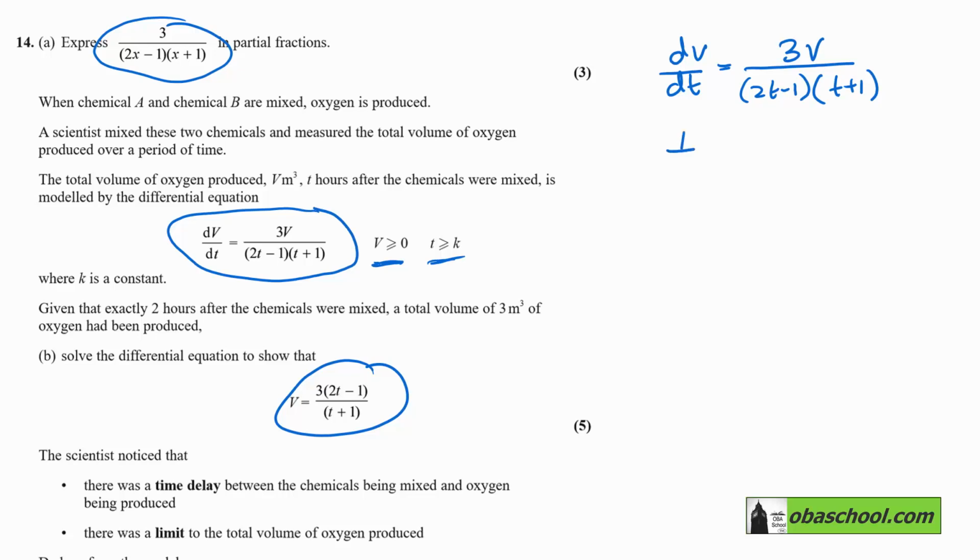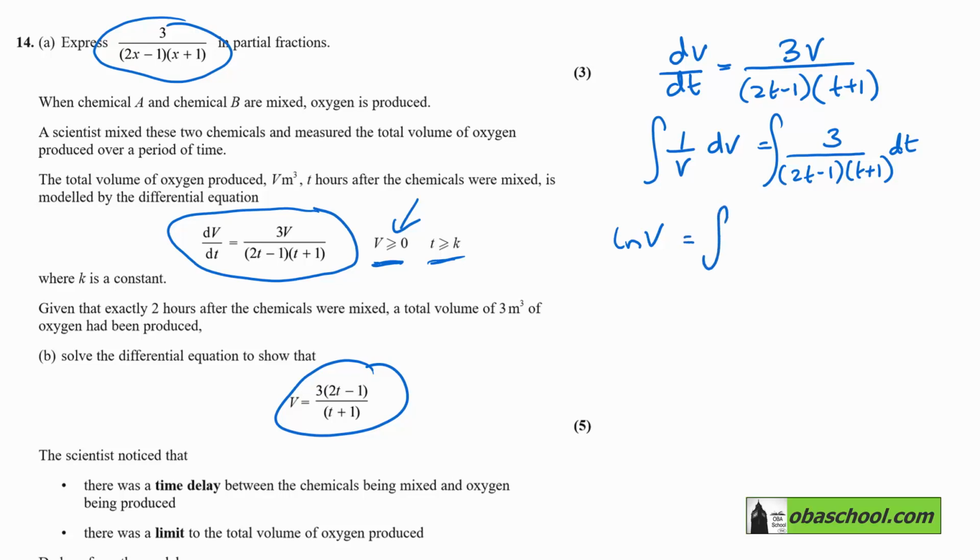So we get 1 over V dV is equal to 3 over (2t take away 1)(t plus 1) dt, and then we integrate, and that's going to give me ln V. Don't need to worry about the modulus because it says it's greater than or equal to 0, and that is going to be equal to the integral of 2 over (2t take away 1) minus 1 over (t plus 1) dt.